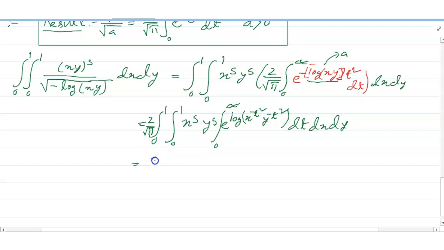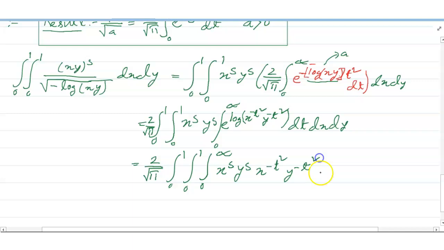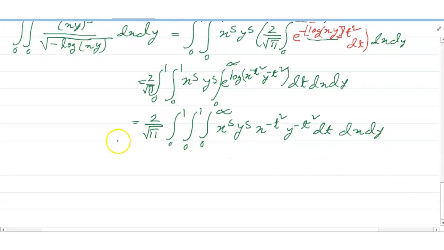So 2 divided by root pi, 0 to 1 and 0 to 1, 0 to infinity, x to the power s, x to the power minus t square, and y to the power minus t square, dt dx dy. I hope you can understand this step.